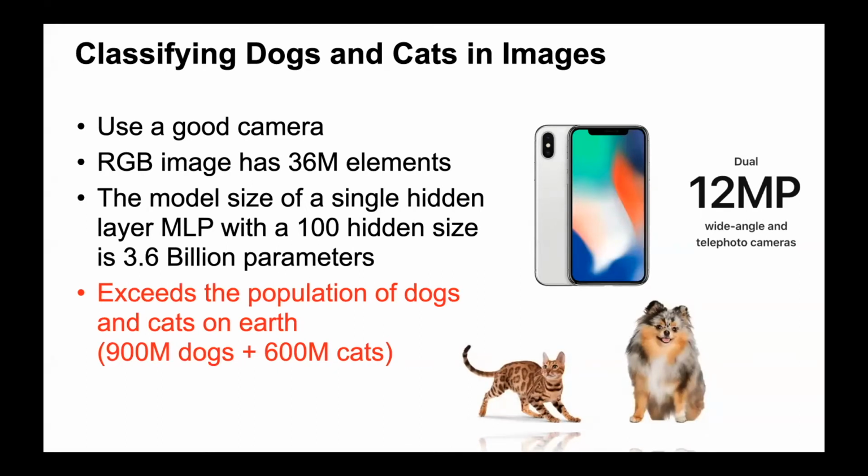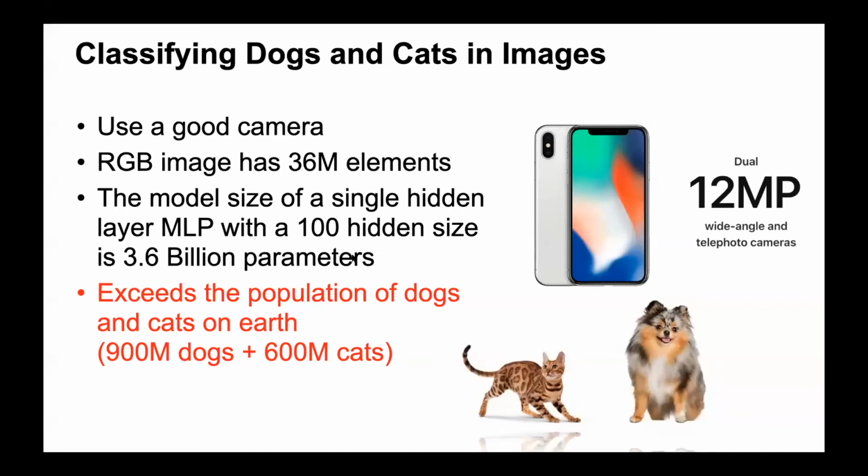And so an RGB image, which is a red, green, blue image, has 36 million elements if it's taken with a 12 megapixel camera. Why is that? 12 megapixel indicates 12 million pixels, and three channels, one for red, one for green, one for blue, indicates three different sets of these 12 million elements, which makes it 36 million.